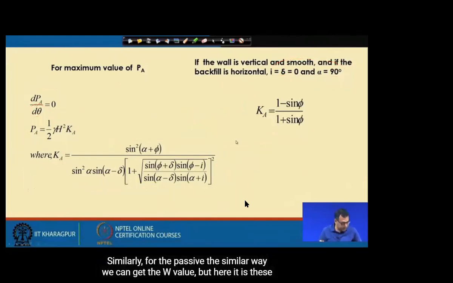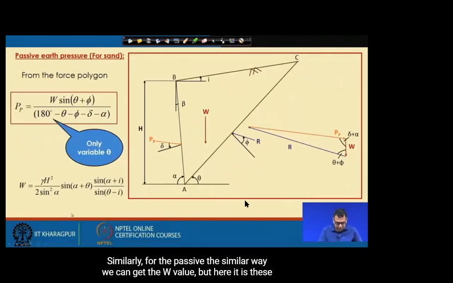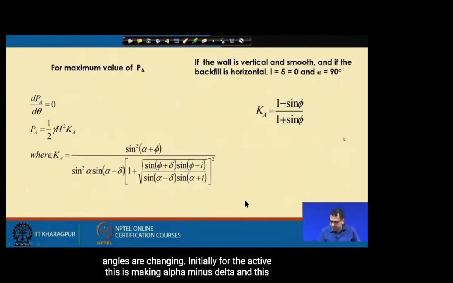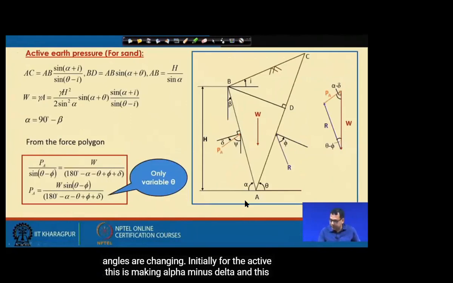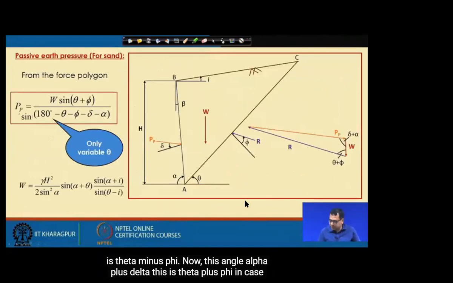Similarly, for the passive, in the similar way we can get the W value, but here these angles are changing. Initially, for the active, this is alpha minus delta and this is theta minus phi. Now, this angle is alpha plus delta, and this is theta plus phi in case of passive.